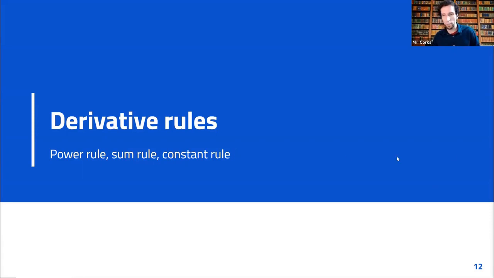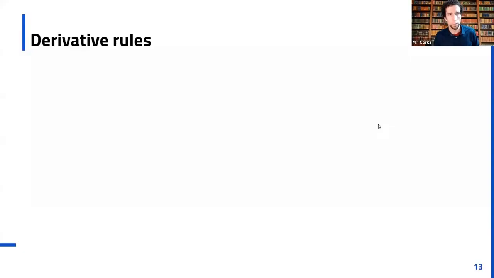It's 8:40, so I'm going to resume. Power rule, sum rule, constant rule. I have a number of sets of examples using these, and we'll get some practice. First, let's write them out.